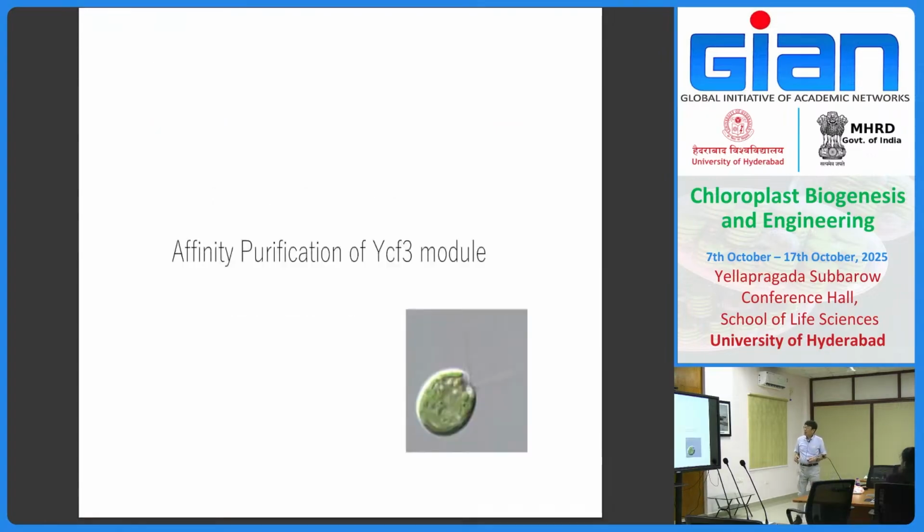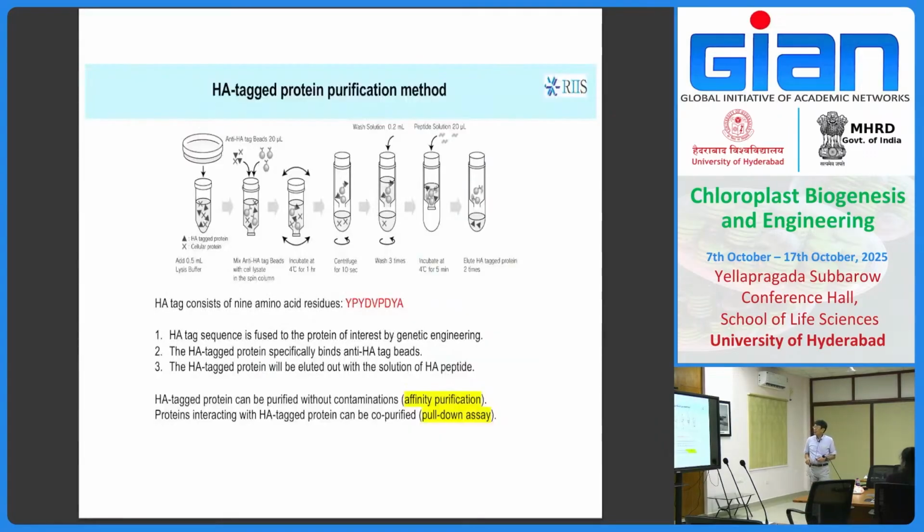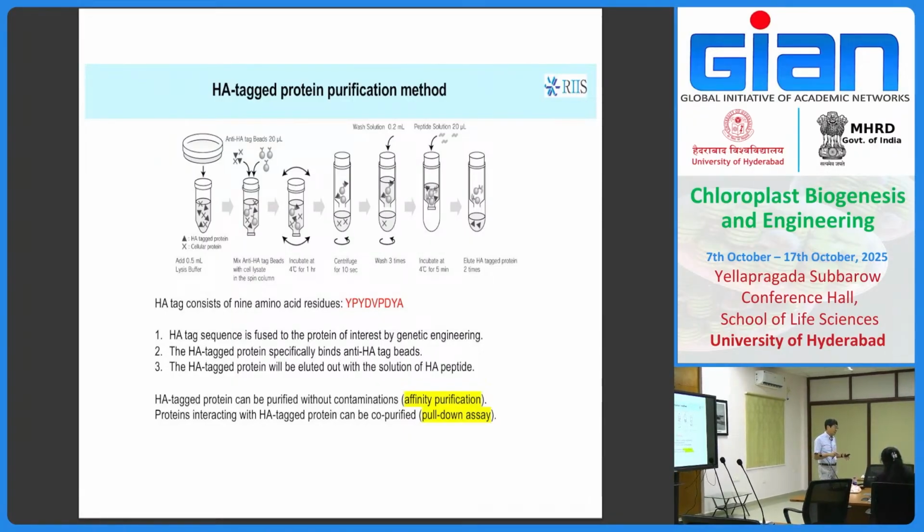So what we did was affinity purification of YCF3. So this was the strategy of affinity. We just transformed the YCF3 gene with an HA tag. So no wild type YCF3 was present, but this HA-tagged YCF3 is present in this mutant.